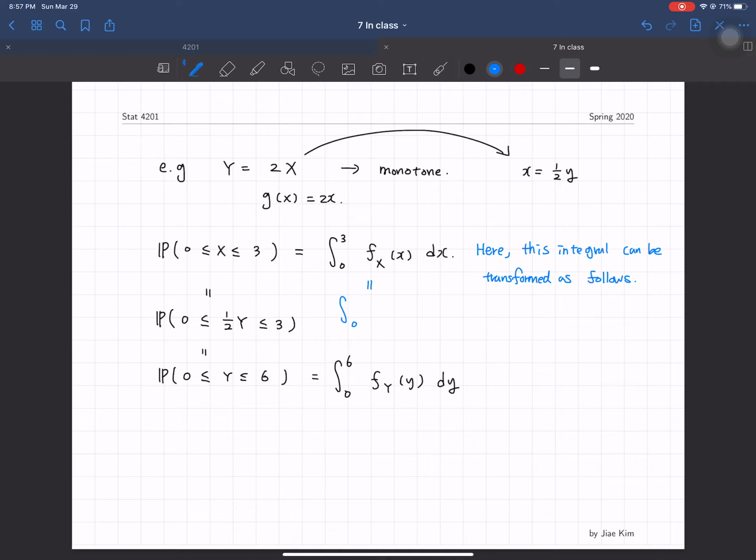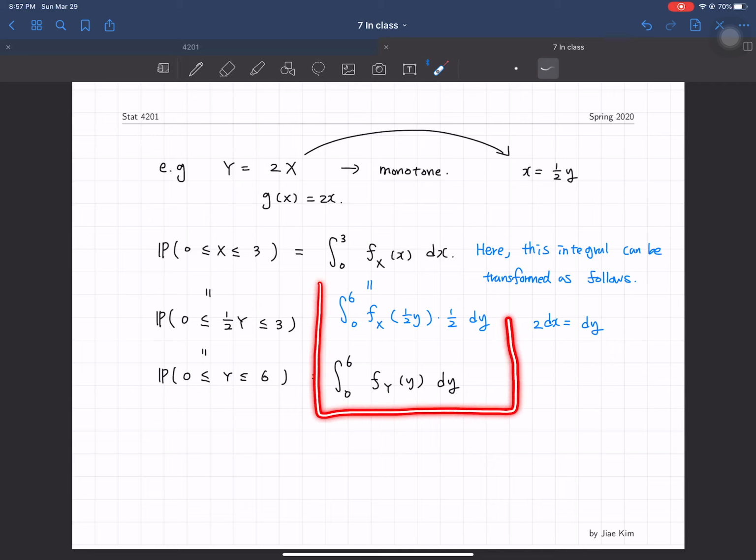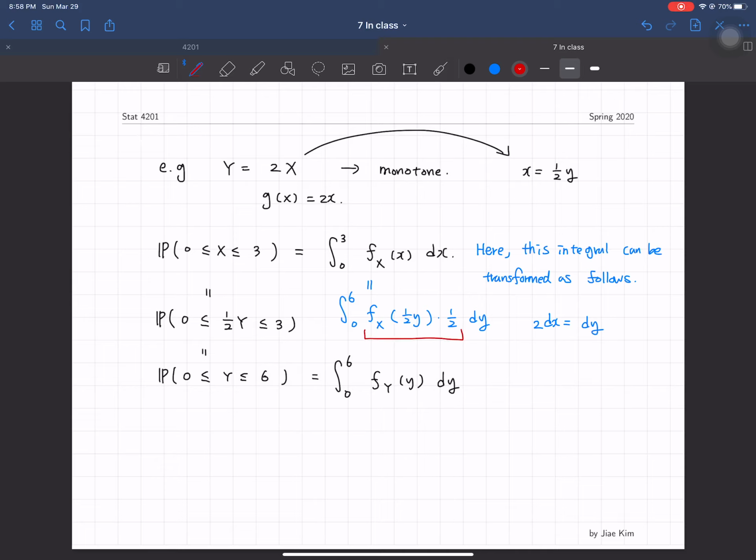Whenever x is 3, y is 6. And the same function, f sub x, and instead of x, it is half of y. And dx is half dy. That's how we do it in calculus, right? So if you compare these two expressions, we can see that these two integrals are the same because they are indeed the same.